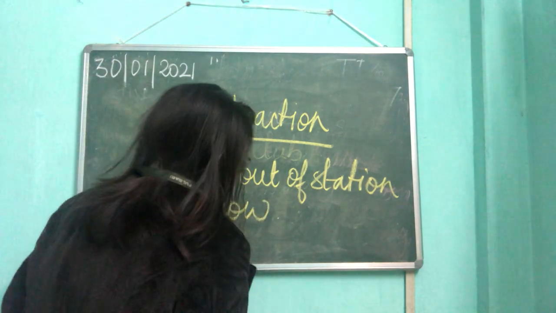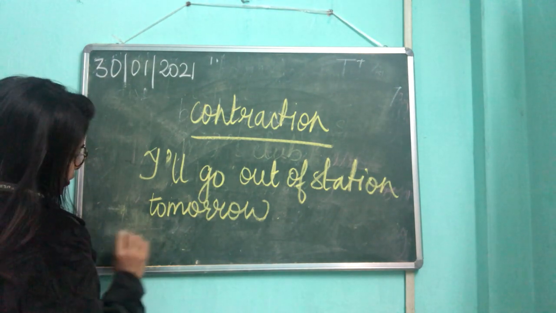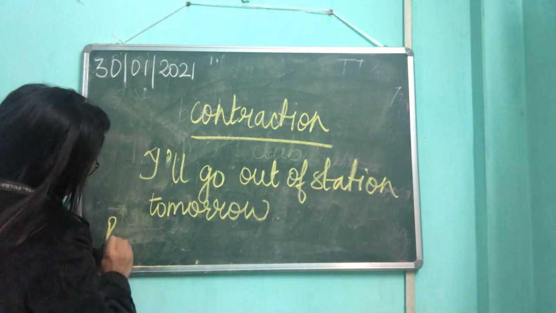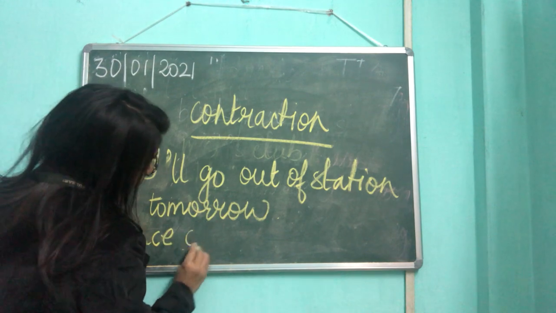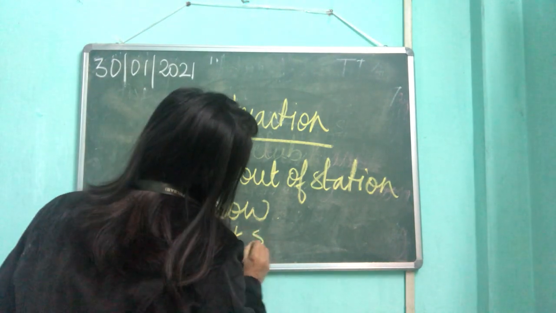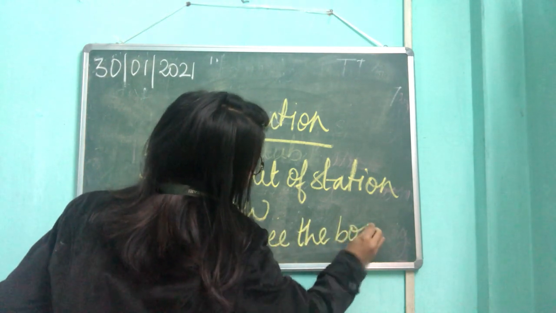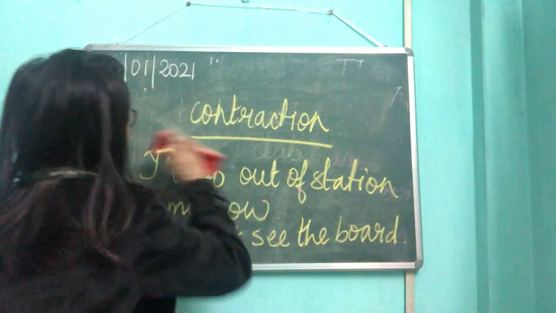Then let us use another. Prince can't see the board. Prince can't see the board. Okay, right?